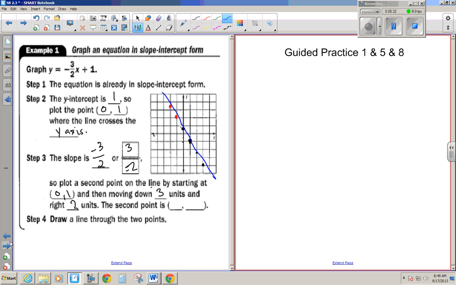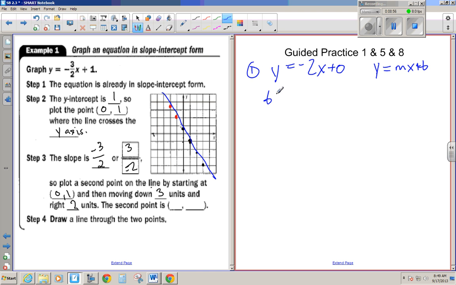All right, guided practice number 1. Number 1. Graph y equals negative 2x. All right. First of all, this doesn't quite look like y equals mx plus b. That's because there's a plus 0.